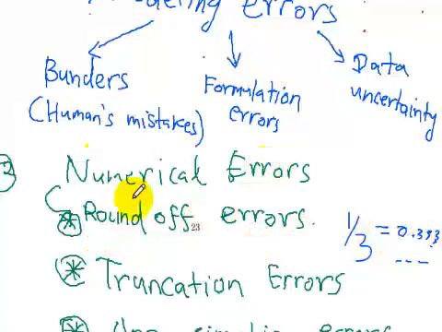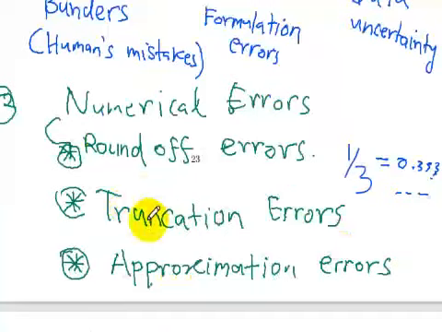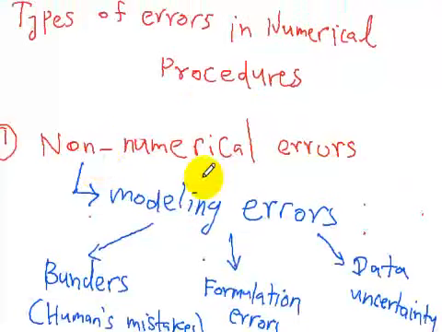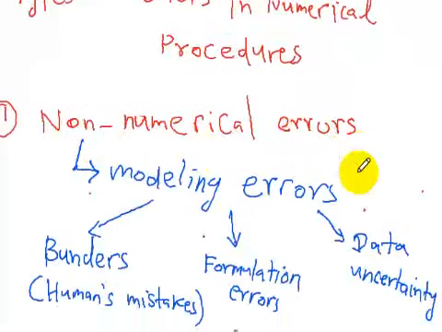When you run your algorithm, the computer truncates your infinite series, the computer rounds off numbers, and approximation happens when you solve the problem. All right.